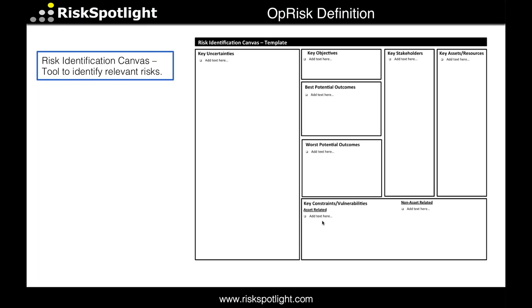So if your marketing is very successful and the number of customers goes above 10 million, then your IT system may not be able to handle those extra customers. So in that case, you may have some constraints around your assets, or there may be some vulnerabilities around those assets which you want to capture.